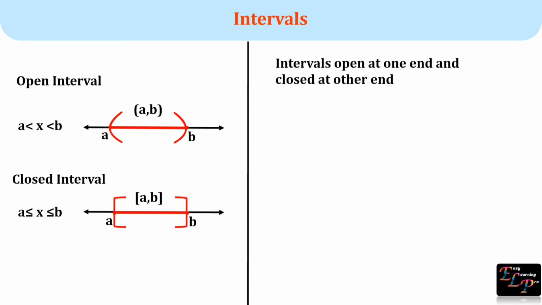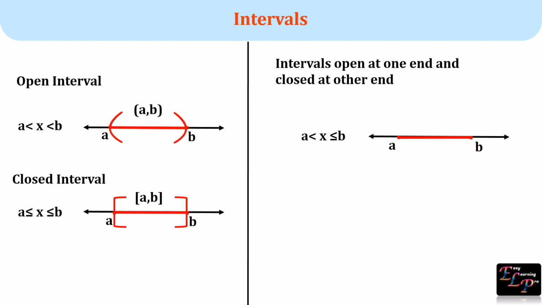Now we will see intervals open at one end and closed at the other end. Consider x is greater than a and less than or equal to b. Here we have 2 points, a and b. X is between a and b.